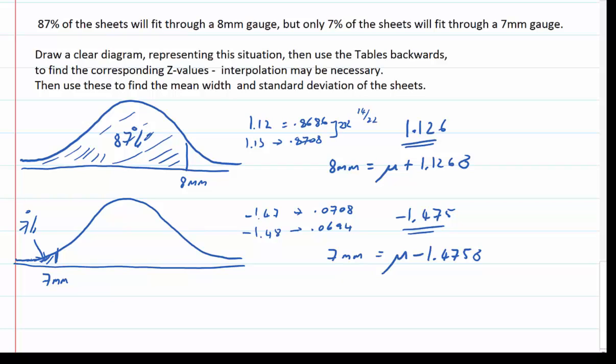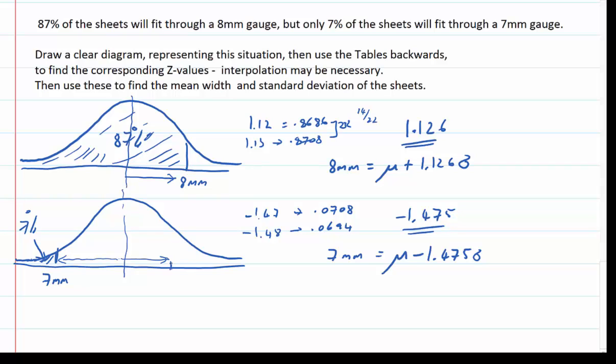Now we can do this simultaneously and solve it properly, or we can just think about this in broad terms. This 8 millimeters we know is 1.126 above the mean, and this 7 millimeters we know is 1.475 below the mean. So altogether that is going to be the interval stretching from 7 millimeters to 8 millimeters.